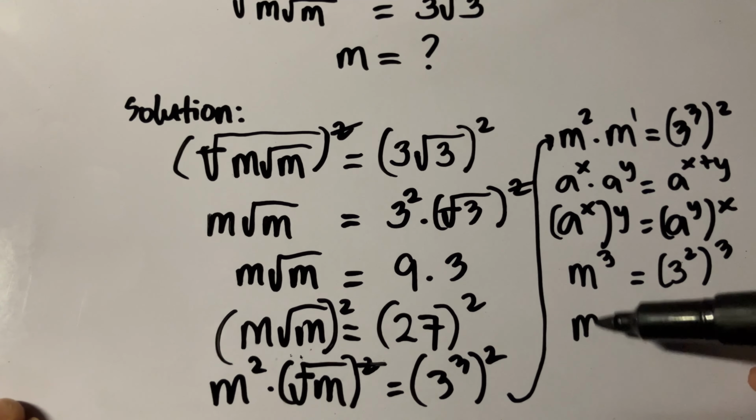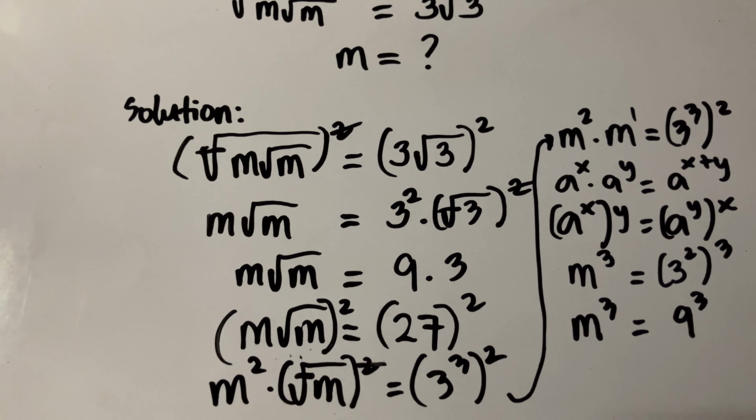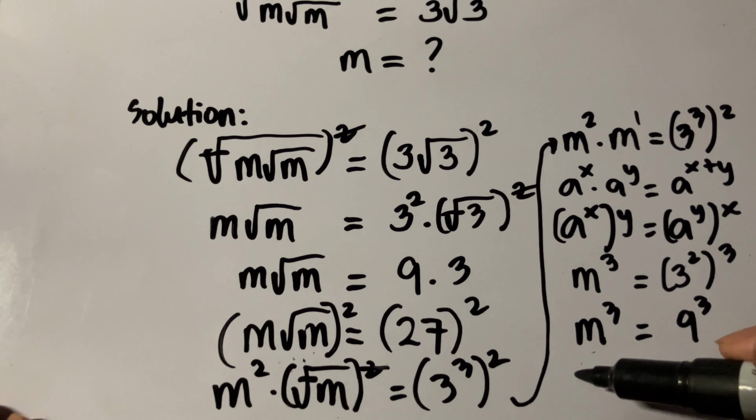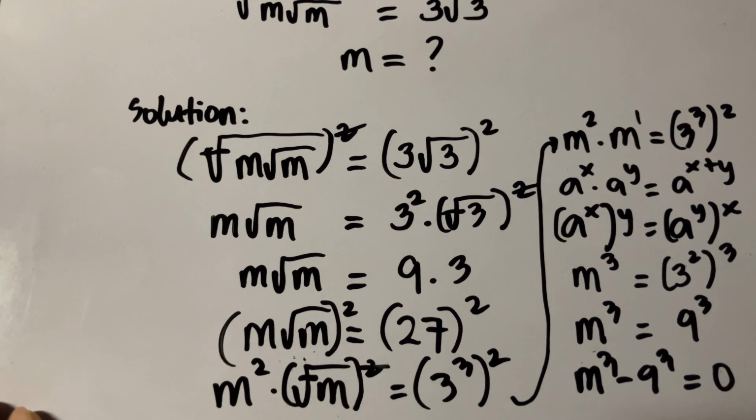Now this is m cubed equals 3 squared, that is 9, then to the power of 3. So now they both have a power of 3. For this, we can take 9 to the power of 3 to the other side. So this is now m cubed minus 9 cubed equals 0.